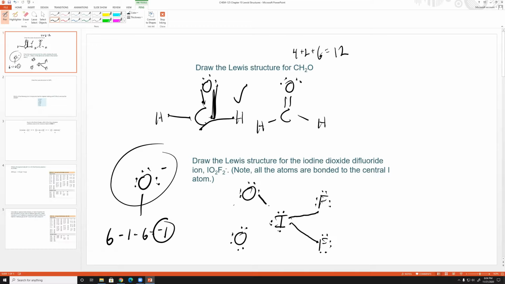So we can say that one of these oxygens, because the Lewis structure does have a negative charge, will be single bound to the iodine, while the other one, since there's no other charge, will have to be double bound to make our formal charge 0. And this tallies up our iodine. It will definitely exceed the octet rule, and we'll see that it's 2, 4, 6, 8, 10, 12 electrons total, and then nothing else will really exceed the octet rule.